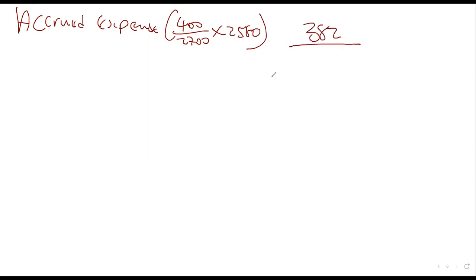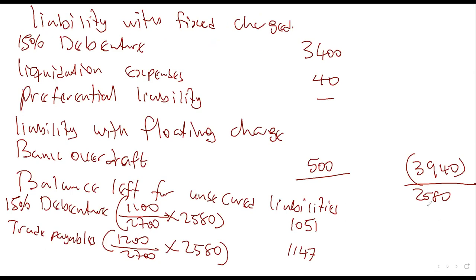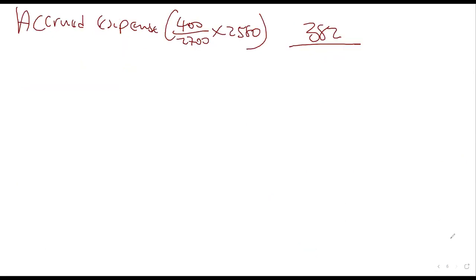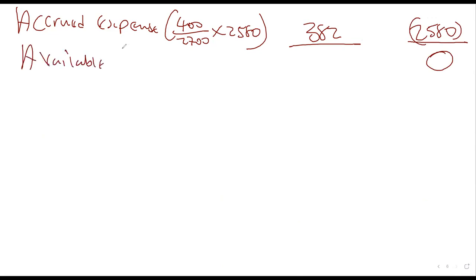Add everything together. Don't waste your energy. You get the same answer, 2,580. Subtract everything from it. The answer is 0 because it's available to preference and ordinary shareholders.